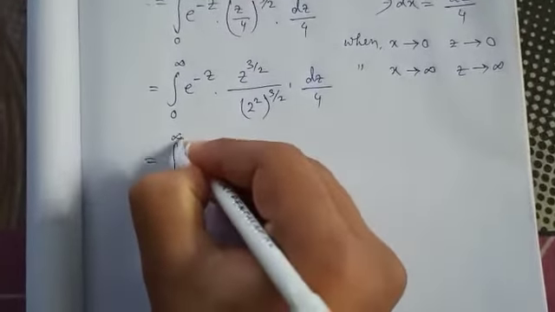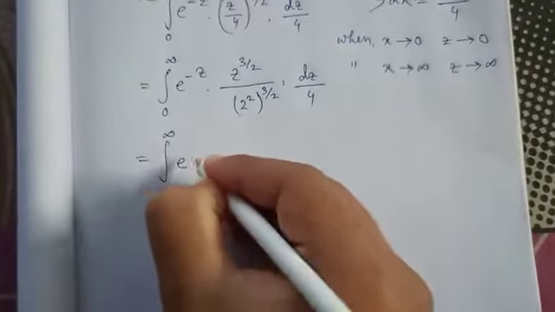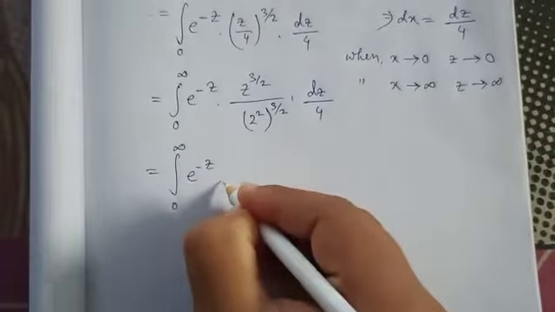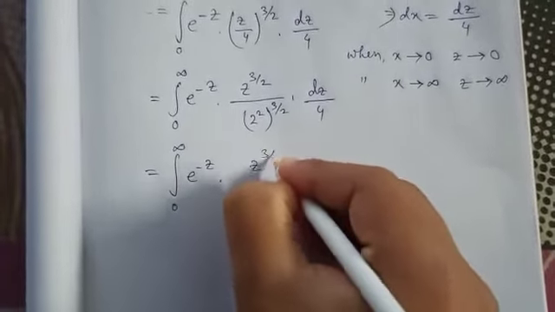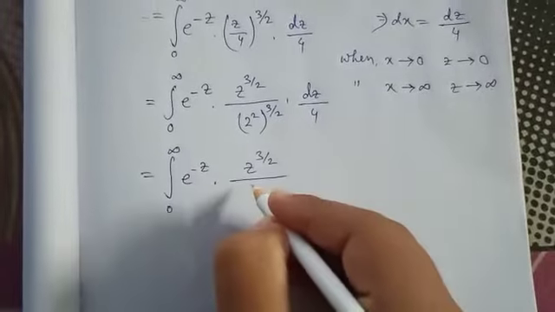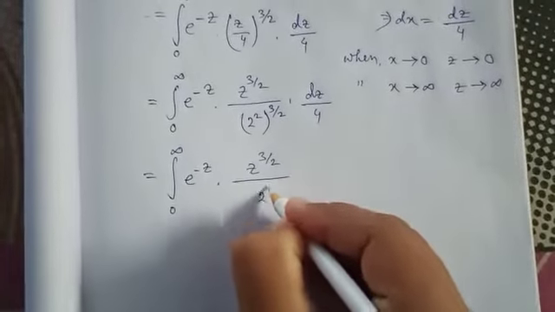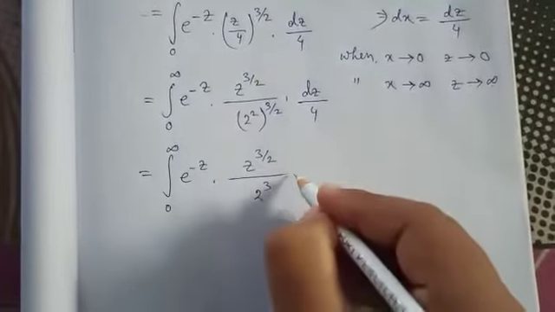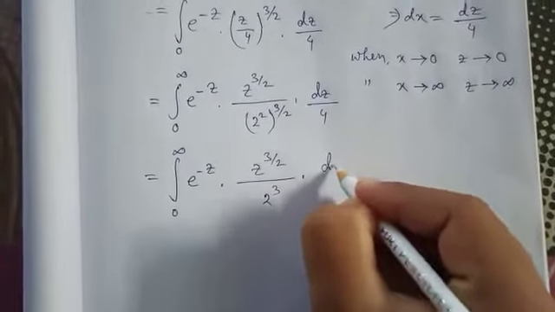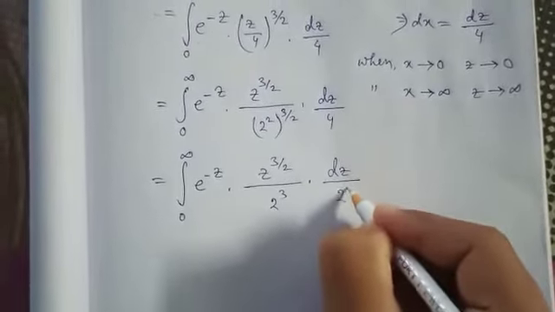Integration from 0 to infinity of e to the power minus z into z to the power 3 by 2 into dz, over 2 cube into 2 square.